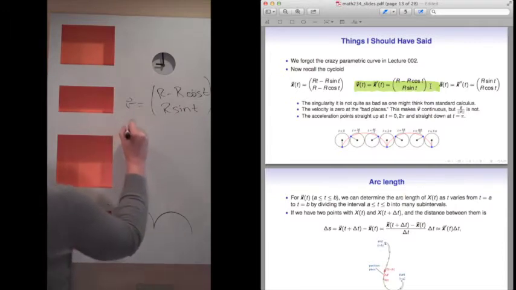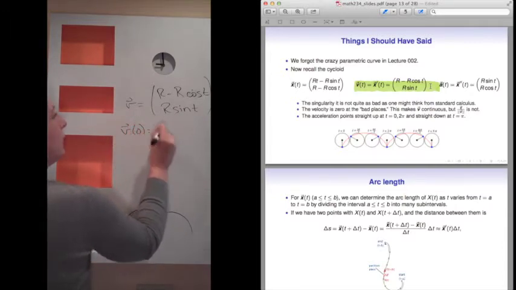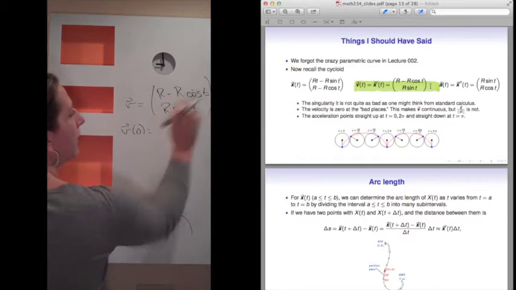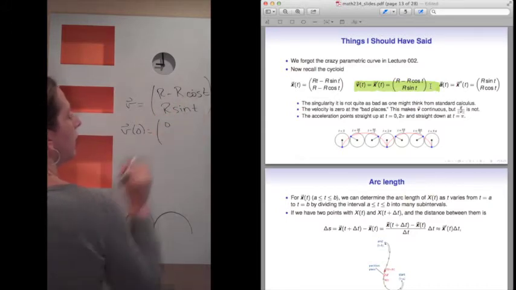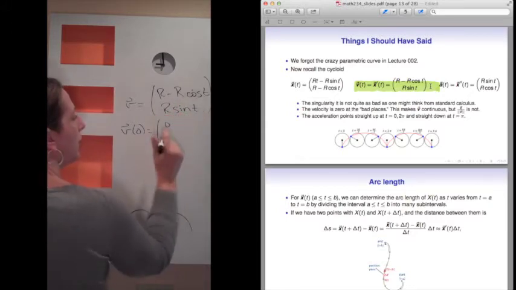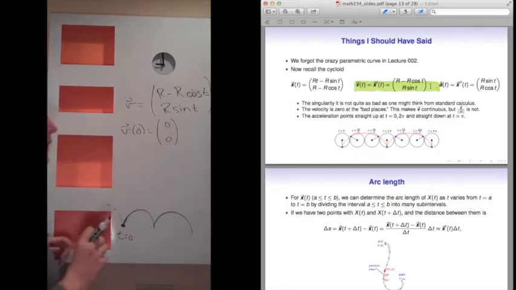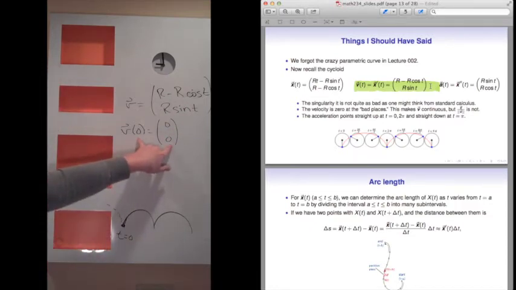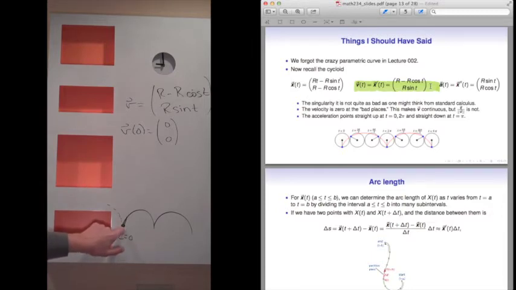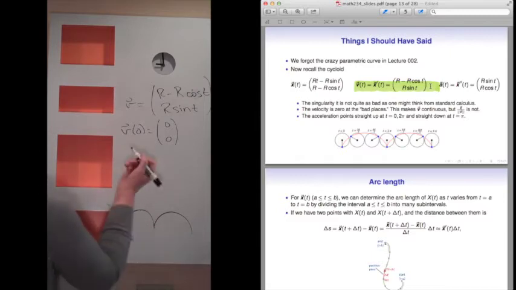And if I calculate v of 0, you notice that I get r minus r, so that's 0, and here I get r times 0. So in fact, my velocity has length 0. In other words, the rate of change shrinks to 0 as I come down into this point. So the actual velocity vector is a continuous object.